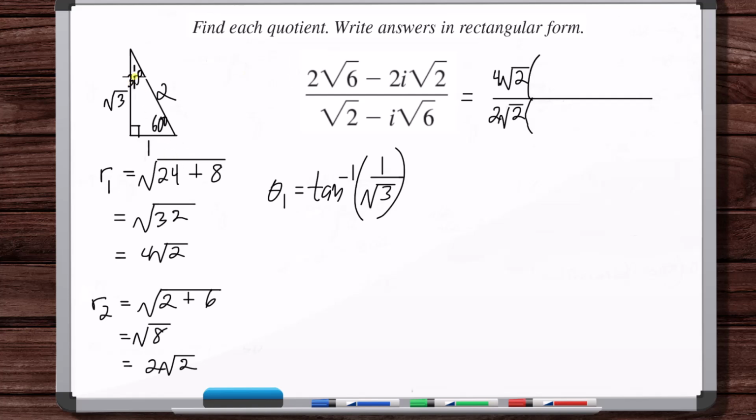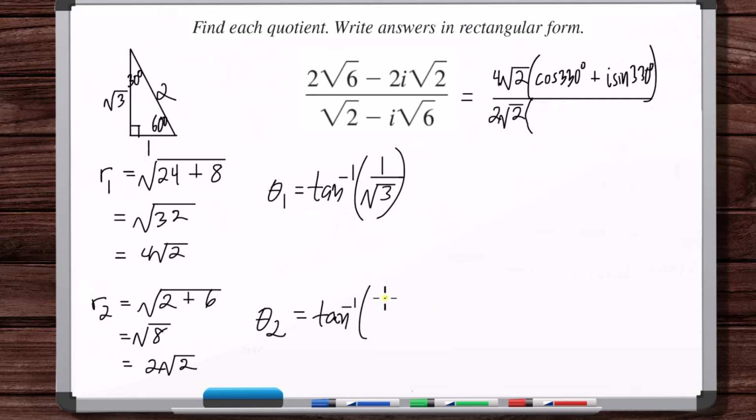Tangent of 30 is 1 over root 3, so fourth quadrant reference angle 30 degrees is going to be 330. So cosine 330 plus i sine 330.